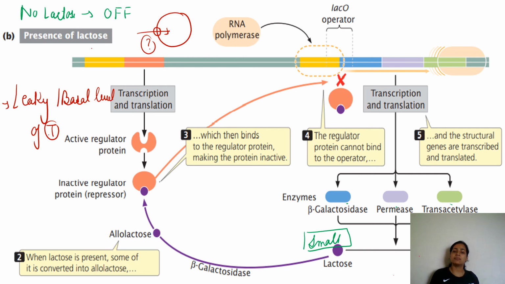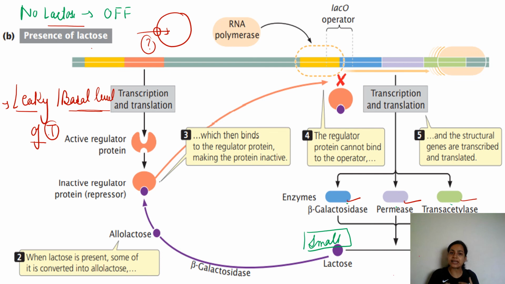Okay, always remember here the repression by the lac repressor is not very tight. A very minute amount, a leaky or very small basal level of transcription of these lac genes is on even in the absence of lactose. So remember, when lactose is not there, even at that time a very small amount of beta galactosidase, permease, and transacetylase will be transcribed within the cell.